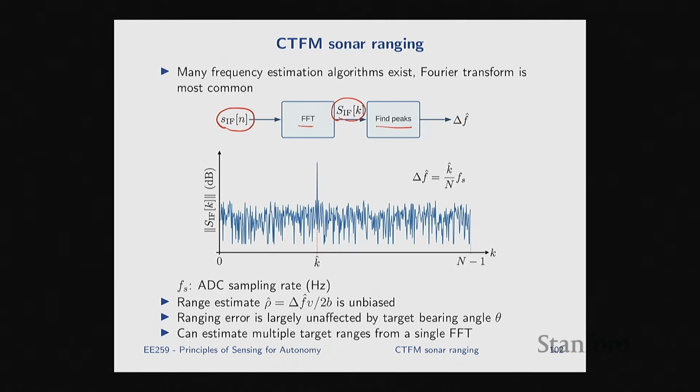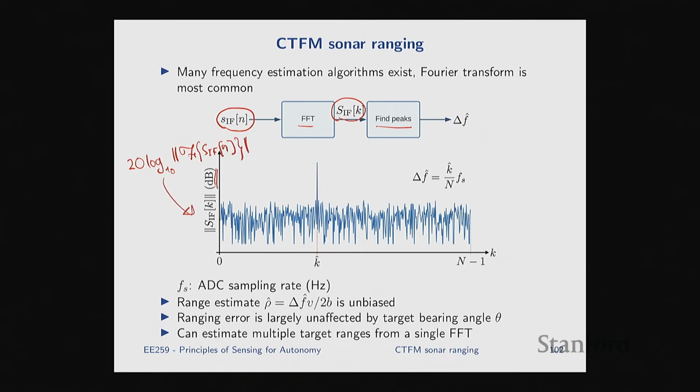So what you would typically see in this plot down here is the FFT of SIF, plotted in log scale, so that's why we call it dB here. To be very concrete about it, what is being plotted is 20 times log 10 of the magnitude of the FFT of SIF of n.